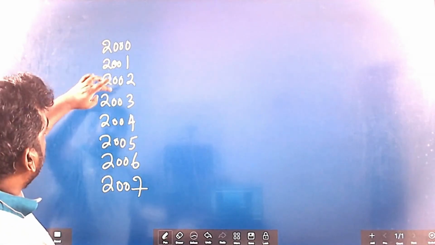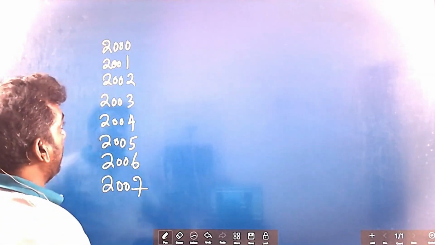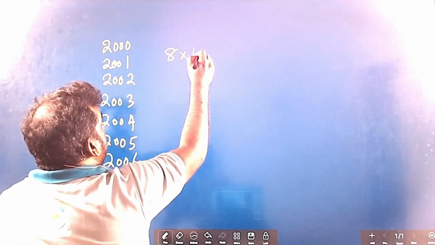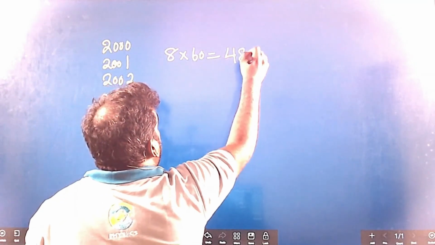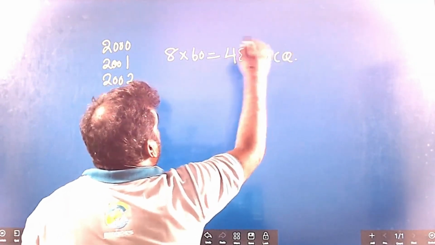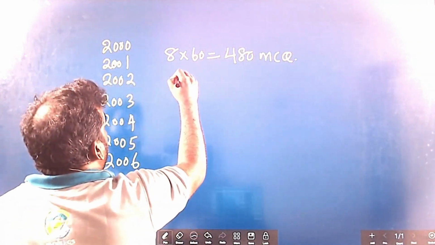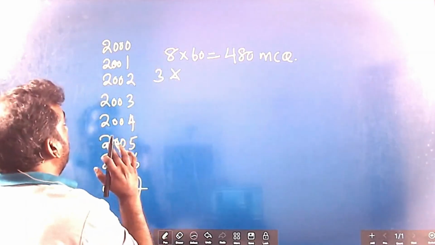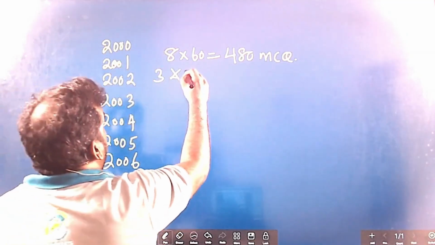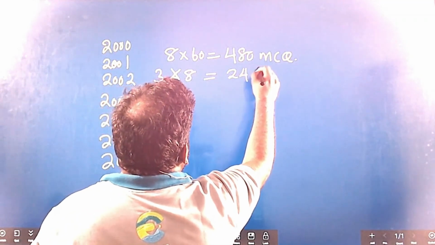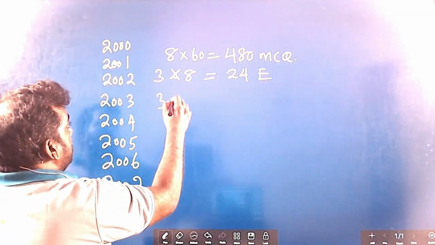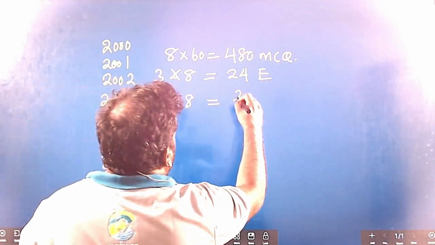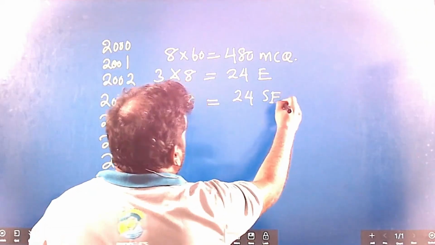So if you have done these 8 papers, 60 MCQs each, 480 MCQs done. Then at the rate of 3 essays every paper, 8 papers, 24 structured essays.